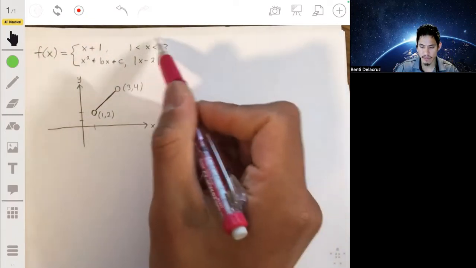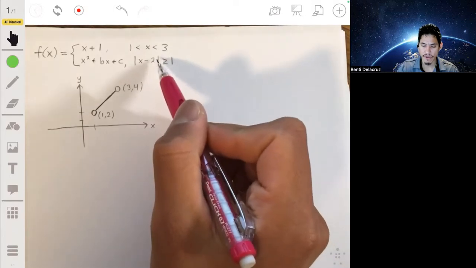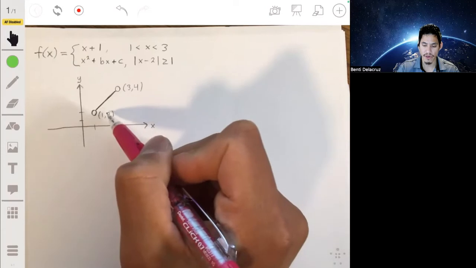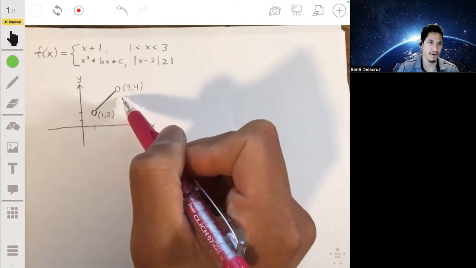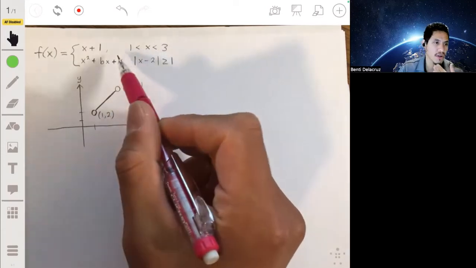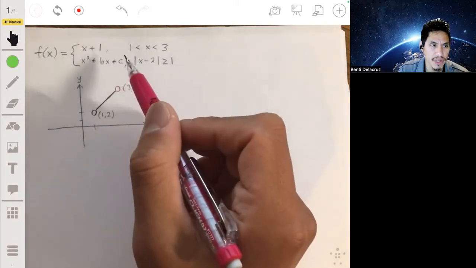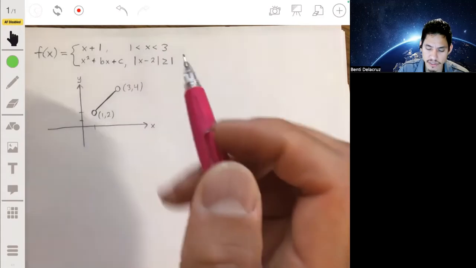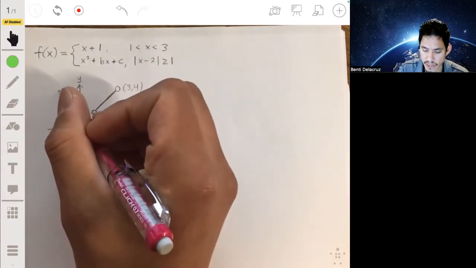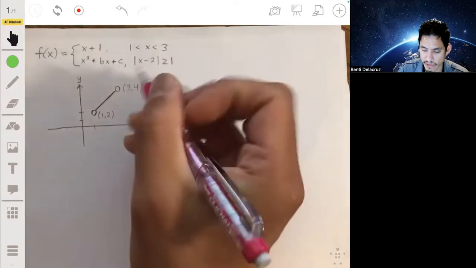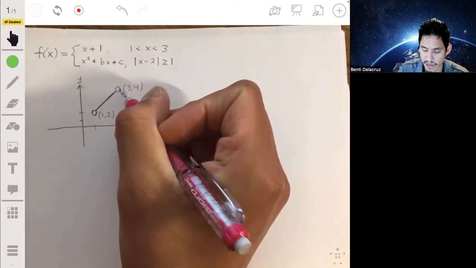Now, remember, this is the domain. Whenever the X values are outside of 1 and 3, it's going to follow this equation. To make it continuous, you want the graph to connect to this dot from the left side, and to connect to this dot from the right side.